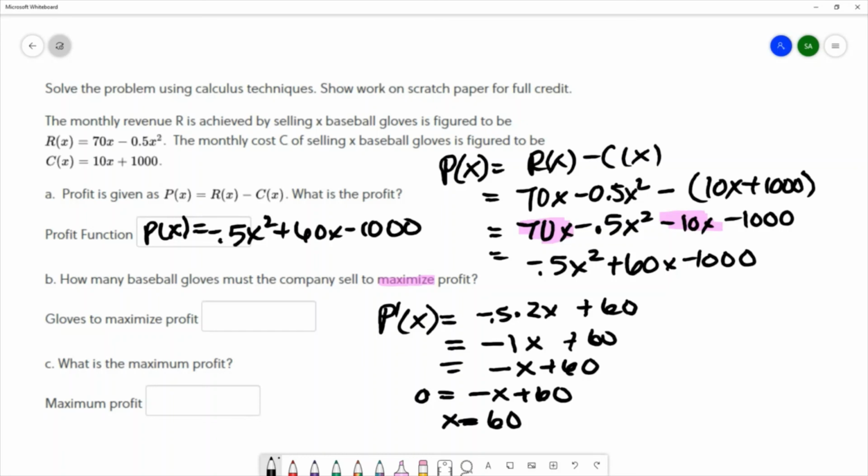At this point, we don't know if it's a maximum yet. So I'm going to calculate the second derivative. And the second derivative is negative 1. So because our second derivative came out to be negative, we know the function is concave down.